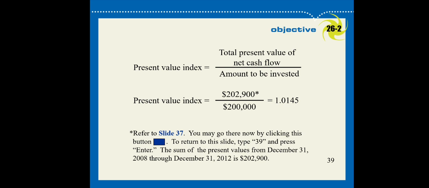So the index is 1.0145. If a question asks you to calculate present value index, this is the formula that you have to use. You can refer to this data in slide 37.